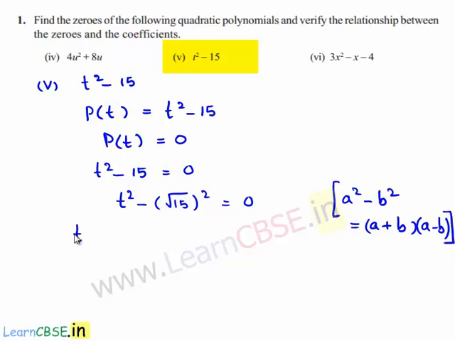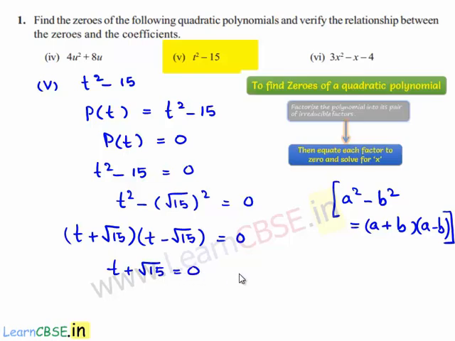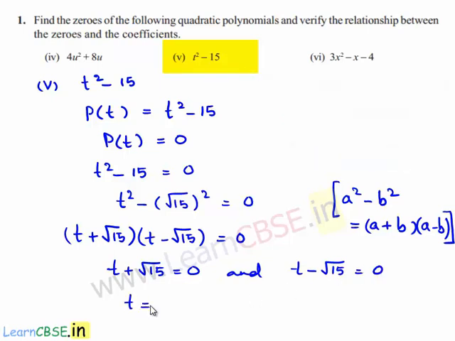So this can be written as t plus root 15 times t minus root 15, which is equal to 0. So t plus root 15 is 0 and t minus root 15 is 0. So we can say that t is equal to minus root 15 and t is equal to plus root 15.